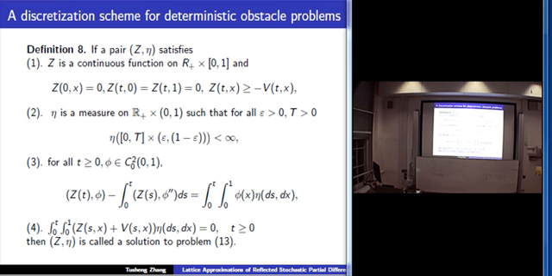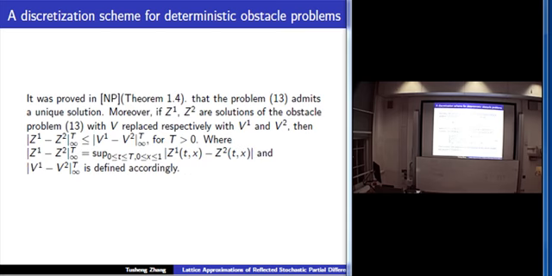Because of my proof of coming to my scheme, I need this parabolic obstacle problem. Now I introduce a discretization scheme for the deterministic parabolic problem. How do I do that?